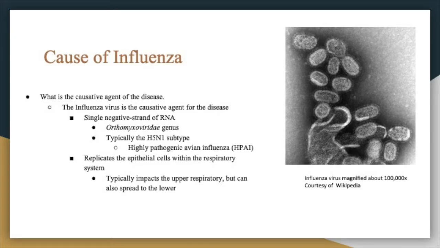It's very highly pathogenic. Avian influenza is the overlying term of the H5N1 subtype. What happens with this virus is it replicates in the epithelial cells within the respiratory system, and that's how it infects you. It usually impacts the upper respiratory, but it can also spread to the lower respiratory as well and cause the symptoms.